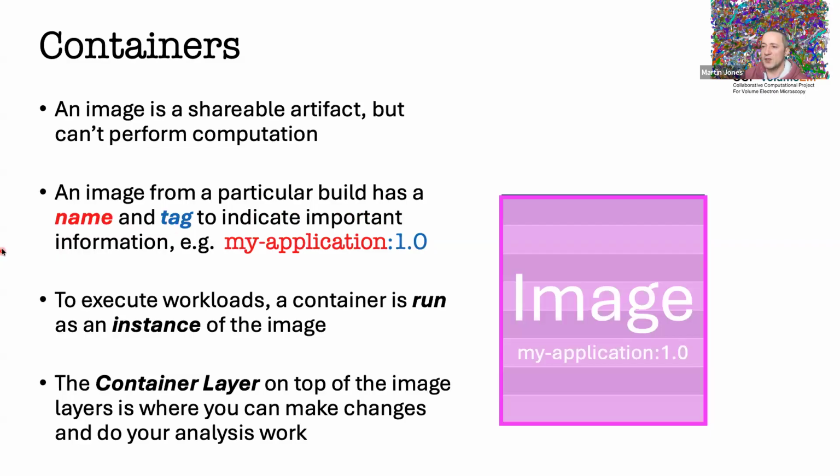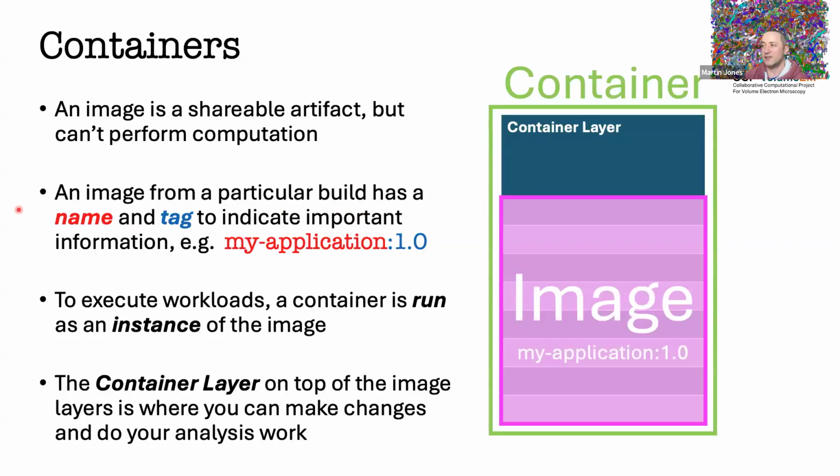A container image with its associated name and tag can then be run to create an instance of the image as a container. What that does is it loads the image and adds another layer, which is now the bit that is editable. This is where the computation happens. This is called the container layer, and now this whole package is called the container. Now this can be used for doing computation. This is the bundle that you run when you execute these containers.